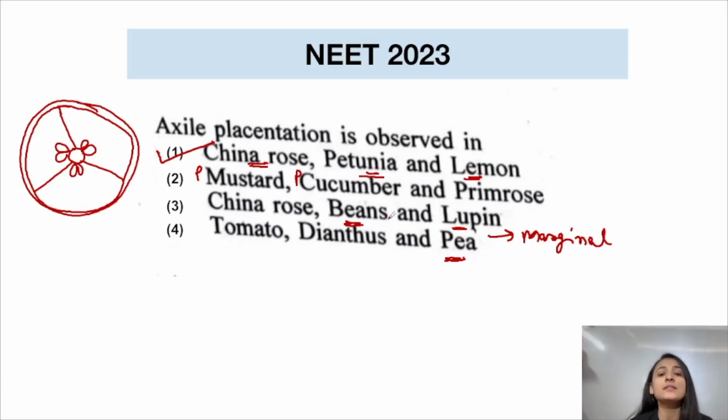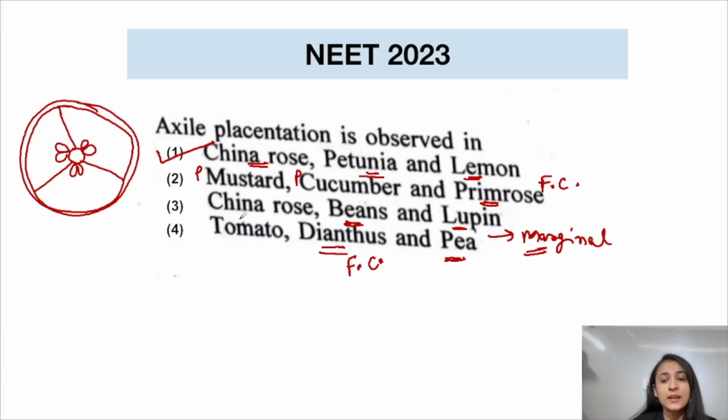So they would have the same kind of placentation, which is marginal placentation. Dianthus and primrose, they contain free central placentation. We studied these two examples while studying free central placentation.